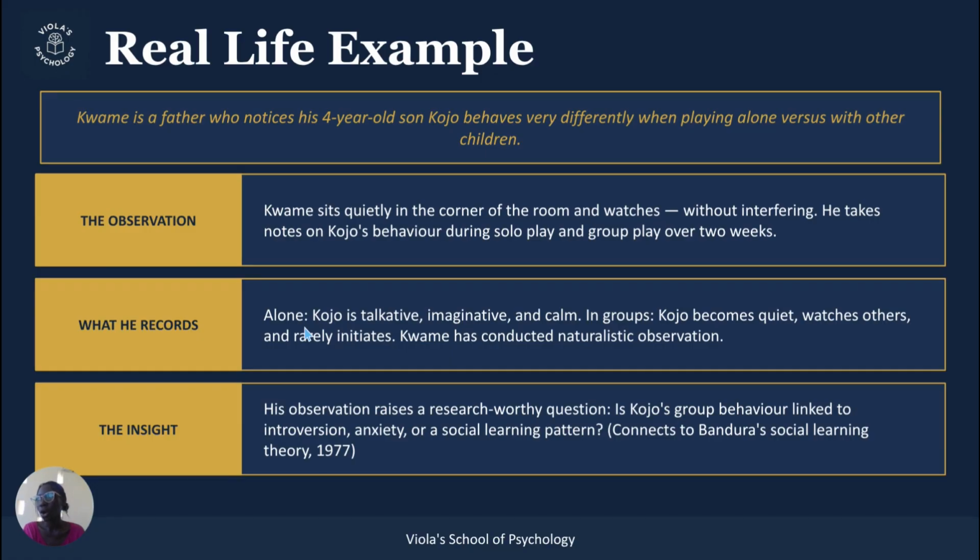And the ecological context that is present there is very valid because he sees that there are no changes, there has not been any interference from him, and the behavior is repeatable. So the description is accurate, very accurate.